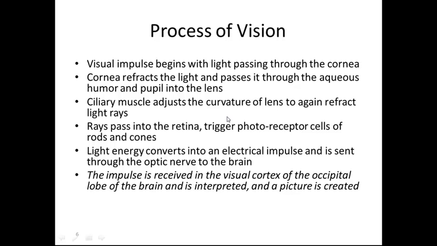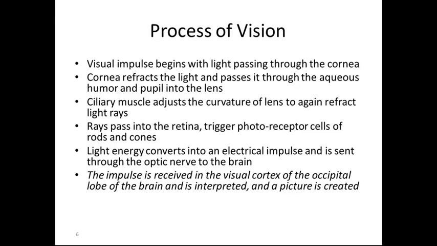The vision process. Vision impulses begin with light passing through the cornea. The cornea refracts the light and passes it through aqueous humor and the pupil into the lens. The ciliary muscle then adjusts the curvature of the lens to again refract light rays.